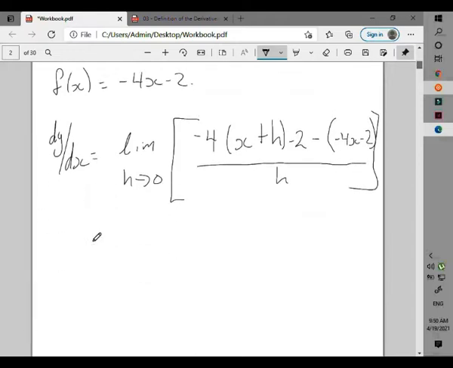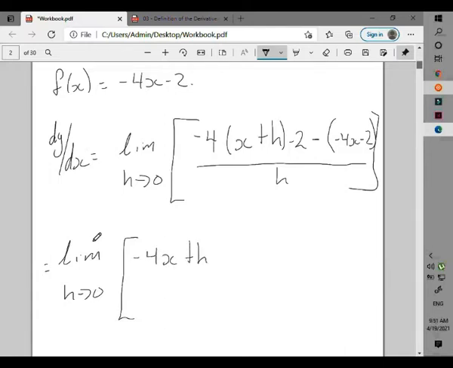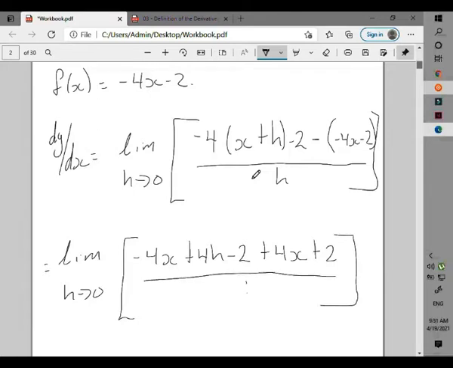So next up you'll have to expand. Oh my gosh, just thinking about how many lines will have to come soon into play. Alright, so we have minus 4x minus 4h minus 2 plus 4x plus 2, all to be divided by h.